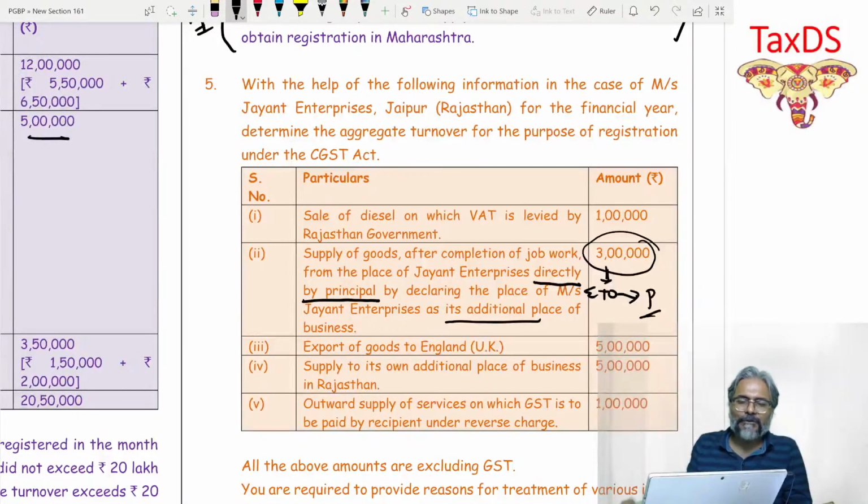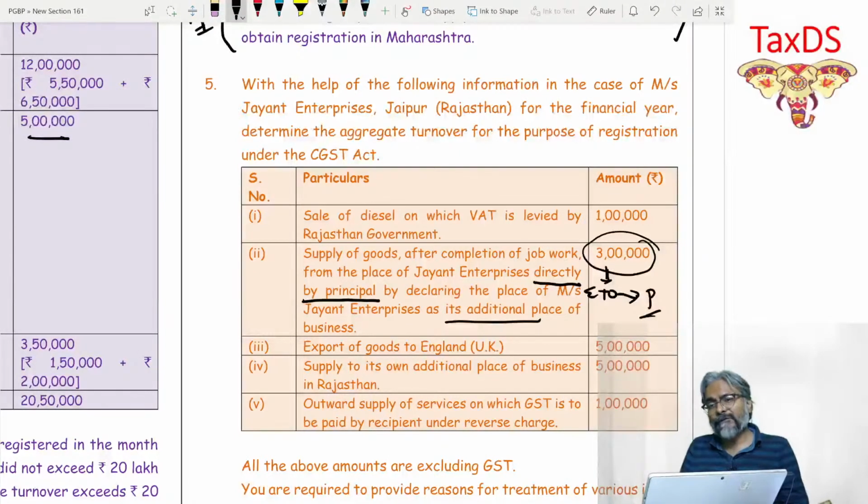Jayant Enterprise, students, is an agent. So is he a para 3 agent? Is he a para 3 agent? The answer is no. Will it be considered as his turnover? The answer is no. So what you have to write over here is that Mr. Jayant will not be considered as an agent for this particular supply, since it is directly supplied by the principal in his own invoice.